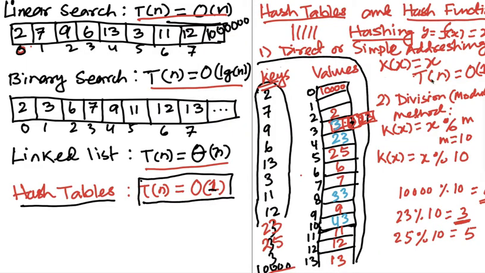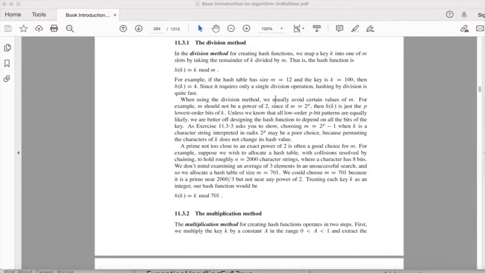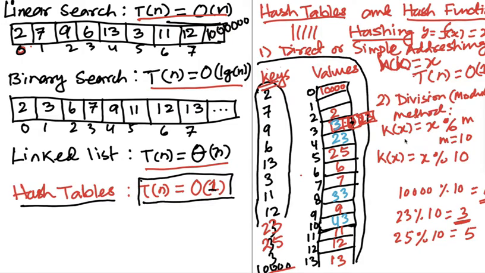Instead of calling the function k of x, we say h of k, no problem. So h of k, whatever function you call it, equals k mod m.